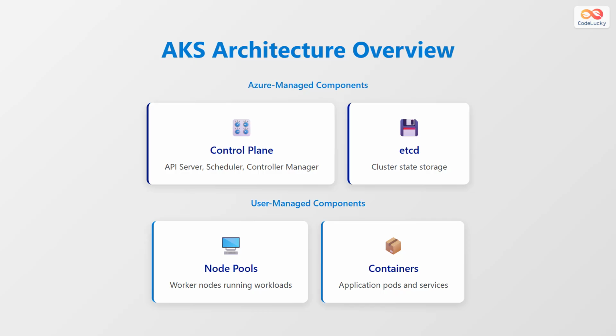The second category includes user-managed components. These are the node pools, which are the worker nodes that actually run your workloads, and the containers themselves, which include your application pods and services. This separation allows you to focus on your applications while Azure handles the infrastructure complexity.